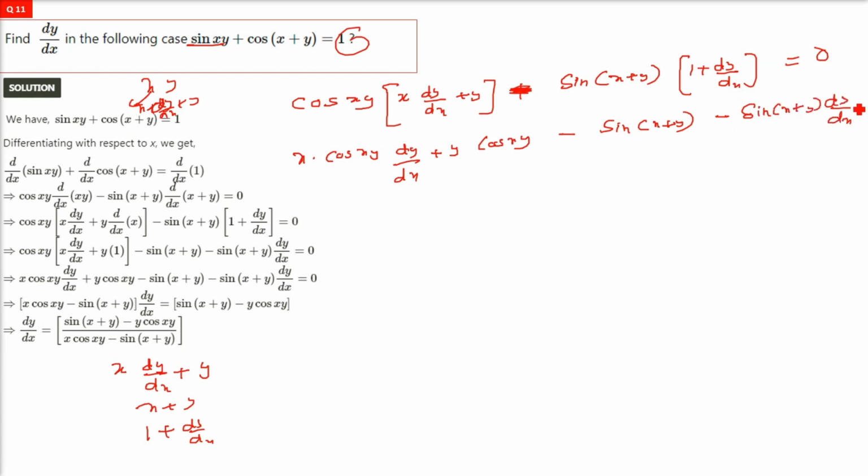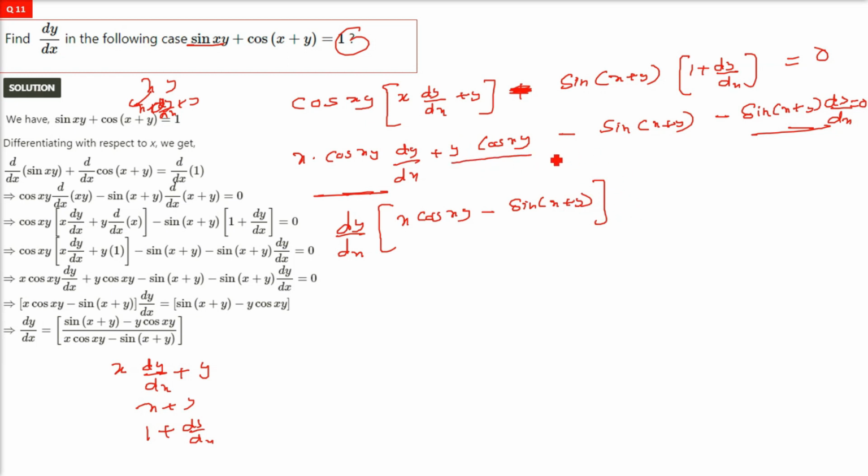Alright? Equals 0. So take the dy by dx one side, and dy by dx I am taking common. So it will be x cos xy minus sin x plus y into dy by dx. So dy by dx already common. It will be sin x plus y.